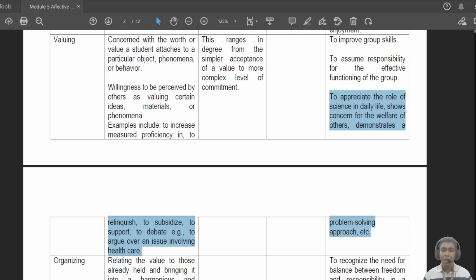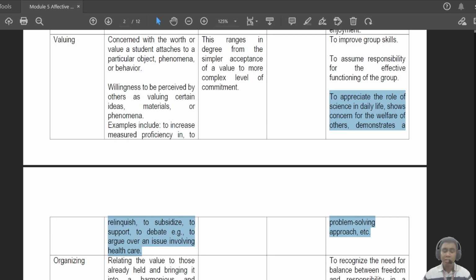So, one of the ways to actually gauge valuing is through their reflection paper. Kasi pag nag-reflect ka, di ba, magre-respond sila. So, yun yung lowest na ma-measure mo pag nagpa-reflection ka. However, by crafting the problem, by having them choose a side, by having them identify how important one thing is in their everyday lives, then that shows valuing among the students.